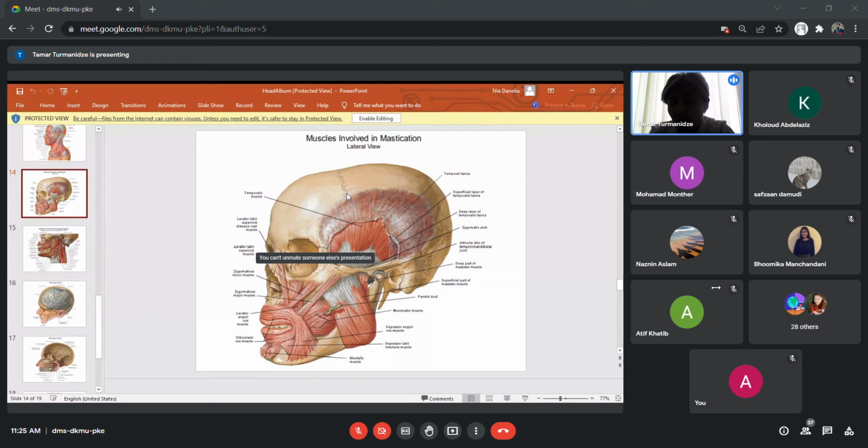You know, each bone is separated from the others by sutures: the frontal bone from the parietal bone is connected by sutures, and the parietal bone from the occipital bone is connected by sutures. So the pericranium is attached to the bone at the level of the sutures.